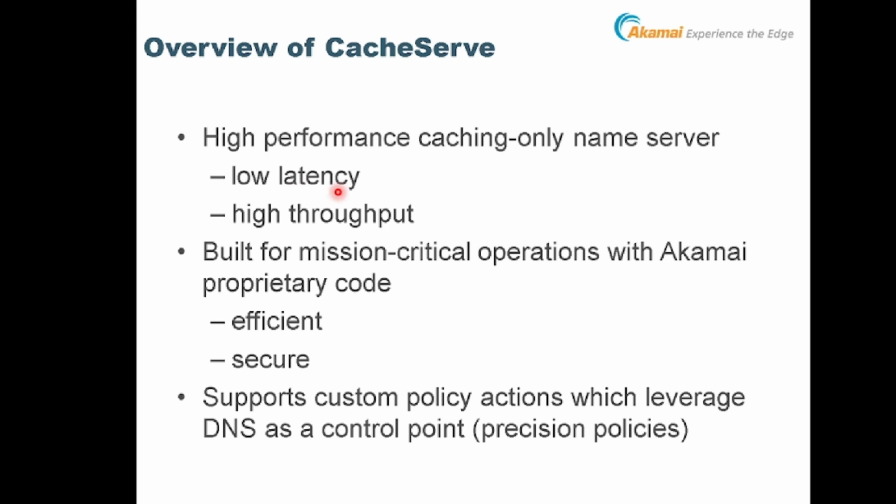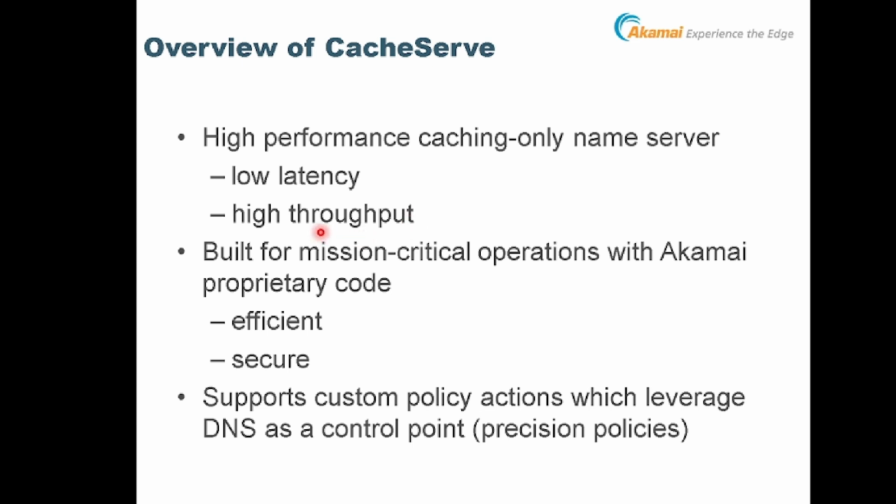So there are optimizations in how CacheServe determines which servers to use, which of the yellow boxes to go to when there are multiple sets of servers to use. It keeps track of the round trip time, and that concept is not unique either, but the way that CacheServe does it provides for low latency in high throughput conditions.